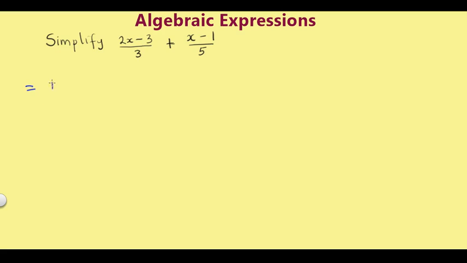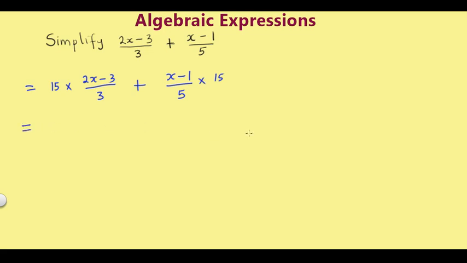That will become 15 multiplied by 2x minus 3 divided by 3, plus x minus 1 over 5, multiplied by 15.